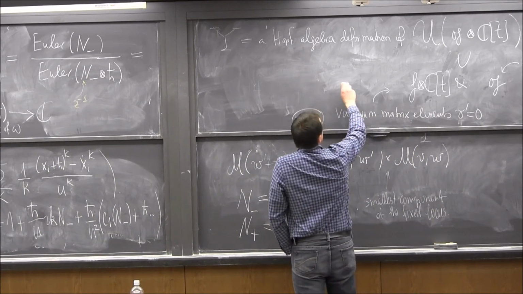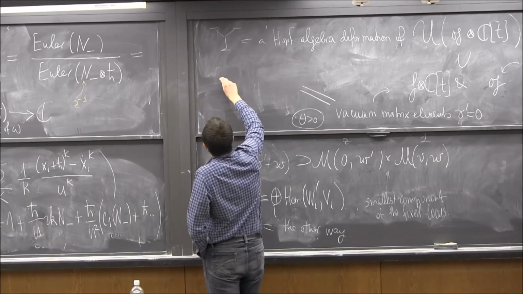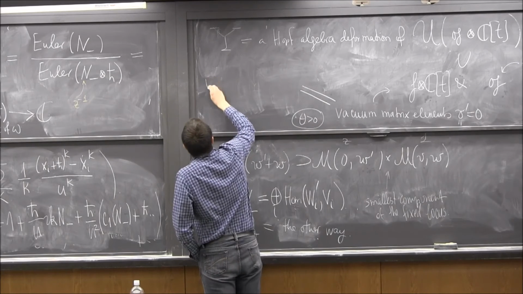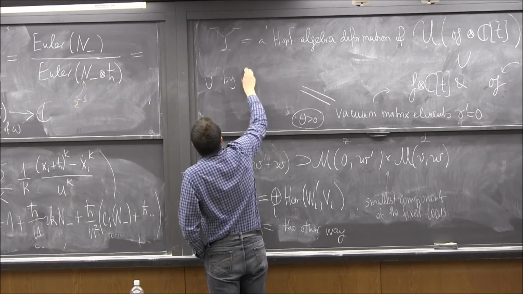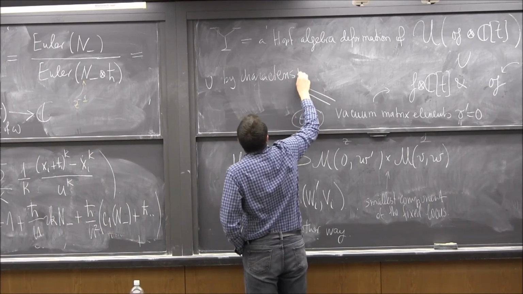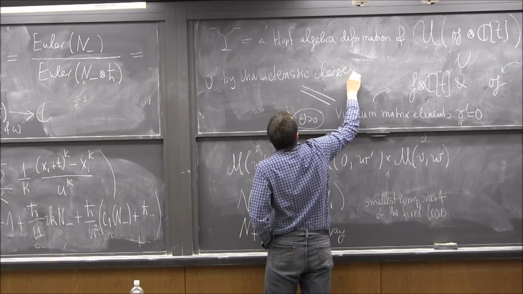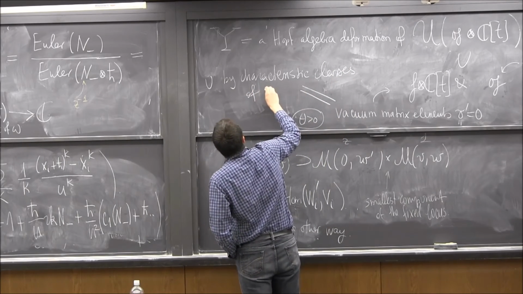So the conclusion is this is equal to the algebra generated by characteristic classes, by cup product by characteristic classes of these topological bundles.